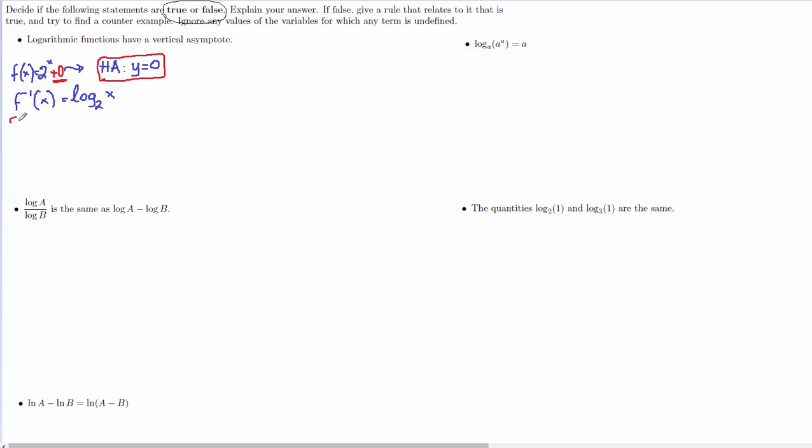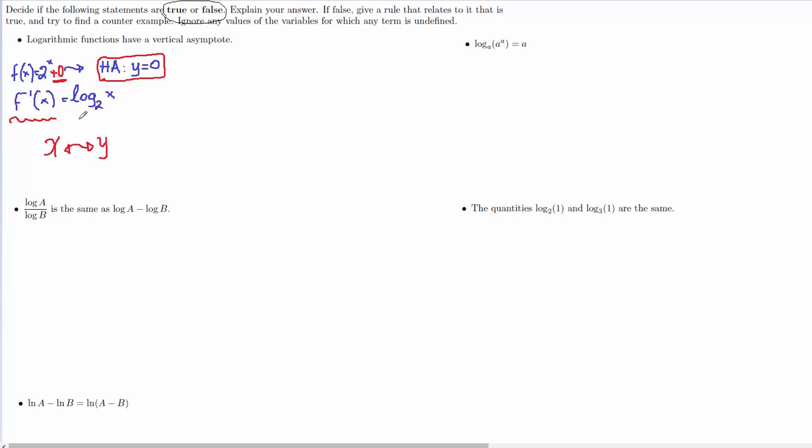Well, remember, the logarithmic function is nothing else than the inverse of an exponential function. By inversing a function, what we do is exchange the x's and the y's. When do we do that? Well, if a point (x, y) belongs to the curve of the exponential function, then the point (y, x) belongs to the inverse. This is what we do.